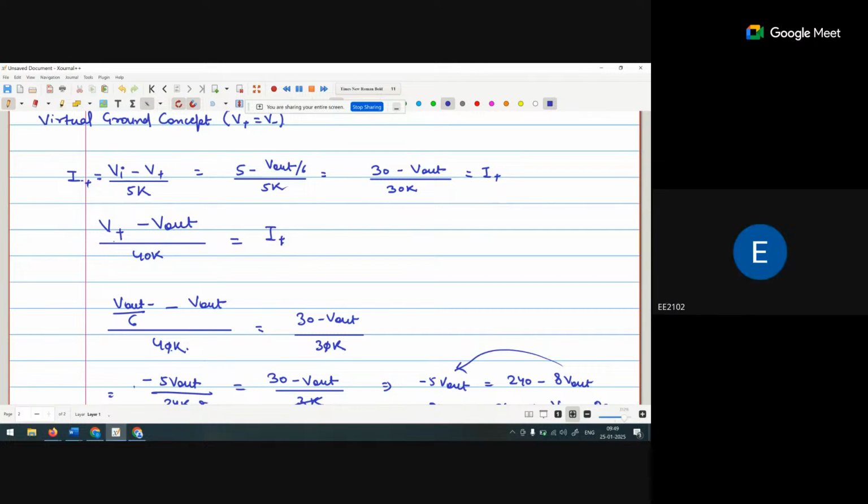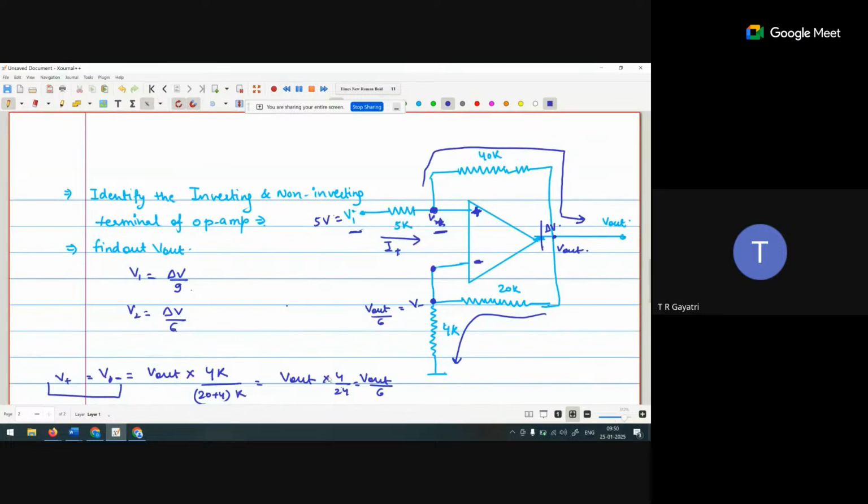Sir, I quickly verified using V1 minus V2 equal to 0, but that time I got 88 volts. Is that wrong? I mean, is V1 minus V2 equal to 0? You are using the virtual ground concept, okay? Yes, sir. So if I do it like that, maybe I'm making a mistake.